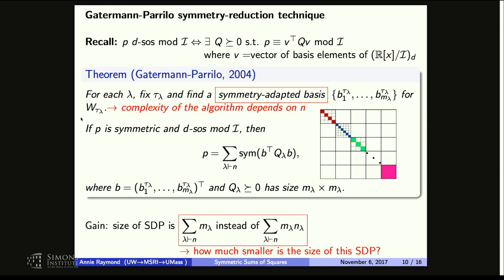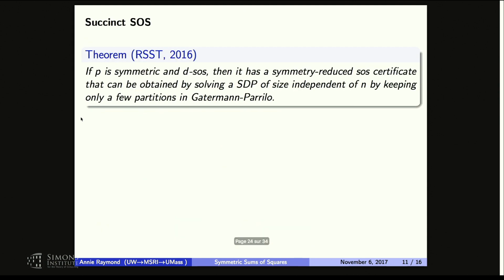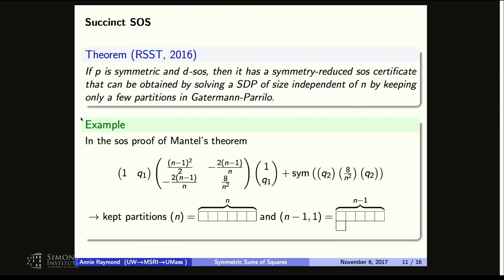It just depends on the degree, d. And the m lambdas for each of them, so the size of those blocks, also is independent of n. Great. So that's good. So for example, in the proof of Mantel's theorem that we saw before, I kept 2 blocks. I kept the blocks corresponding to the partitions (n) and (n minus 1, 1). That's it. Okay, that's good.